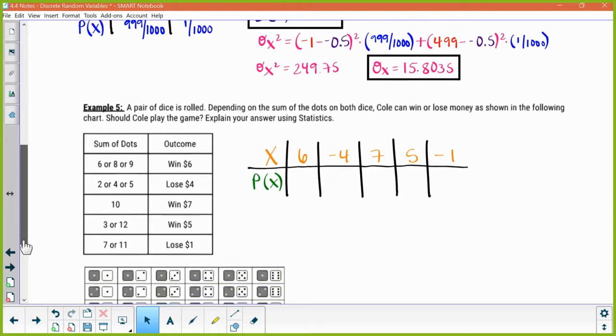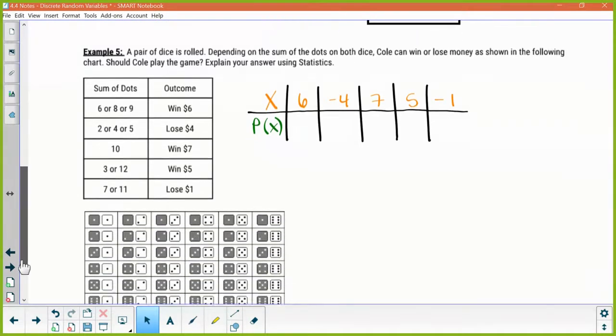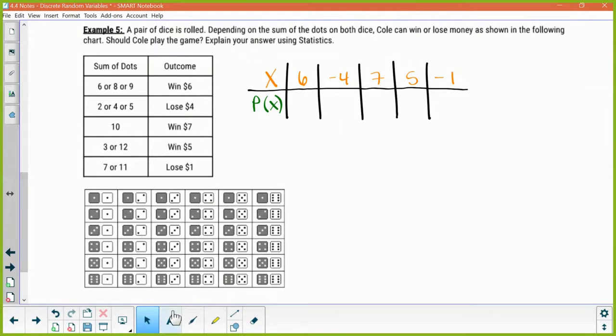And what you can do, I believe, and if you missed something up here, I'll scroll back up at the end. I have my dice all set up. So I went ahead and looked through all of the sums, but I'm going to save you some time and give them to you. The probability of getting a 6, 8, or 9 is 14 out of 36.